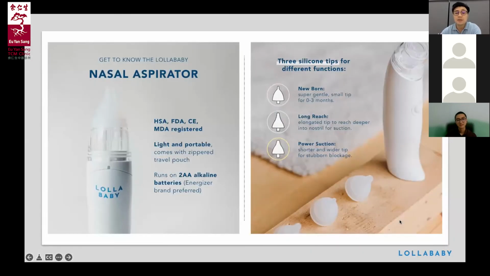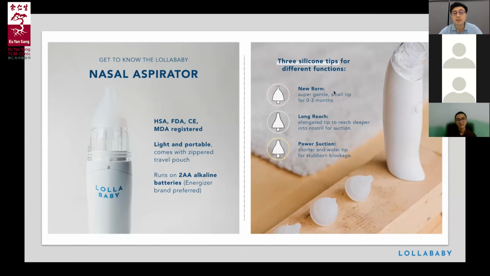Yeah. So just to emphasize some other points of our aspirator. Again, as I mentioned, they are registered with the different health agencies. It runs on 2 AA batteries. We have 3 different tips available.